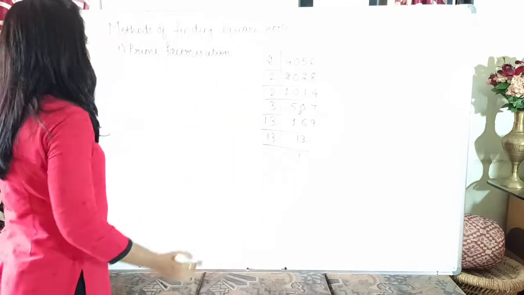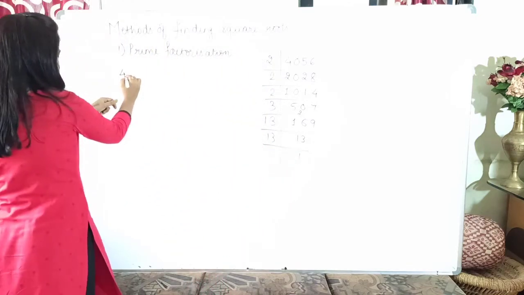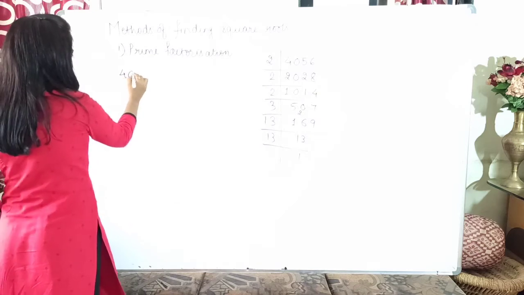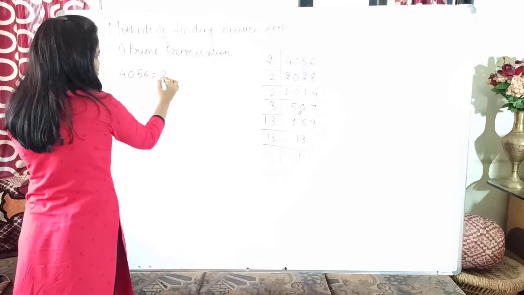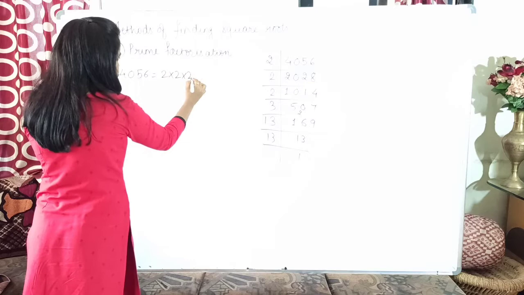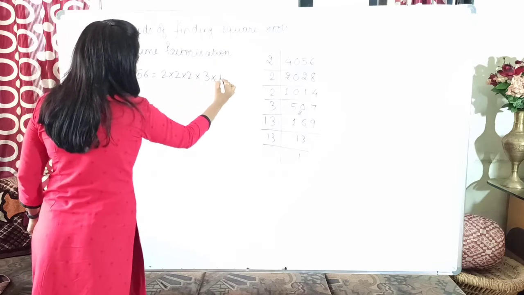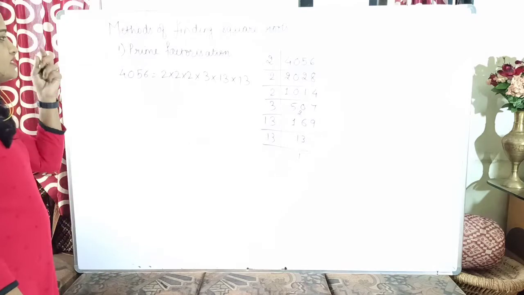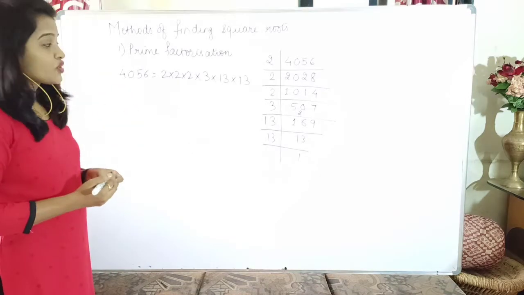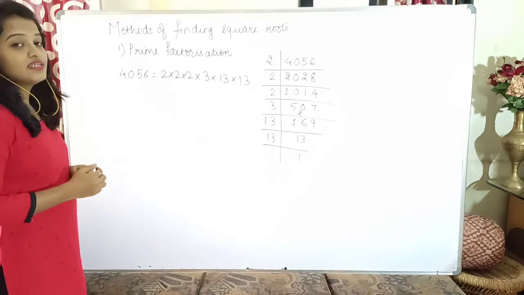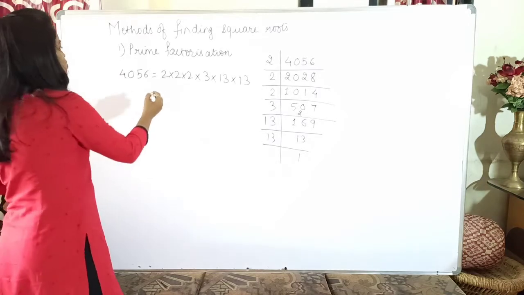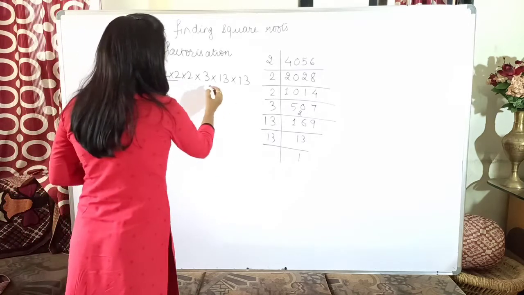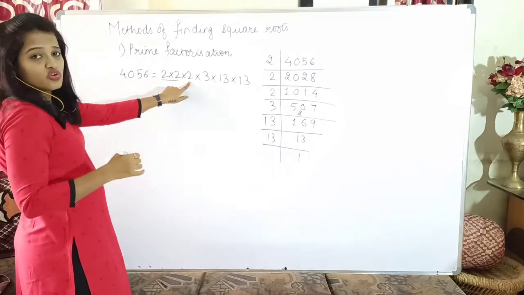So 4056 can be prime factorized as 2 into 2 into 2 into 3 into 13 into 13. My rule is, if the given number is a square, all the prime factors have to be present in pairs. So this 2 is in a pair. What about the other 2? It does not have its pair.